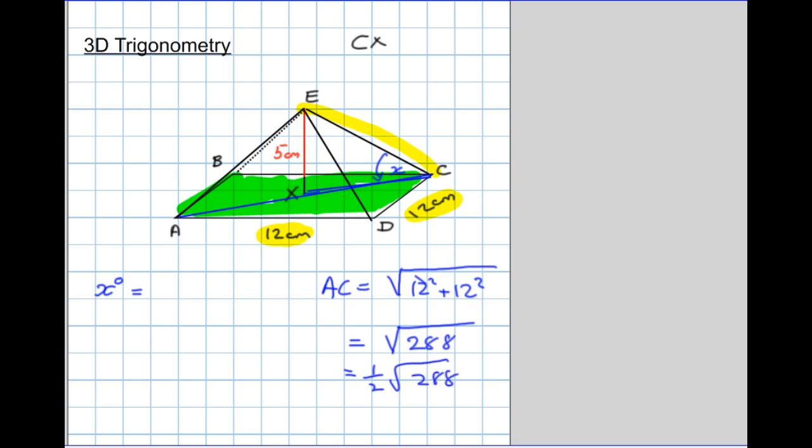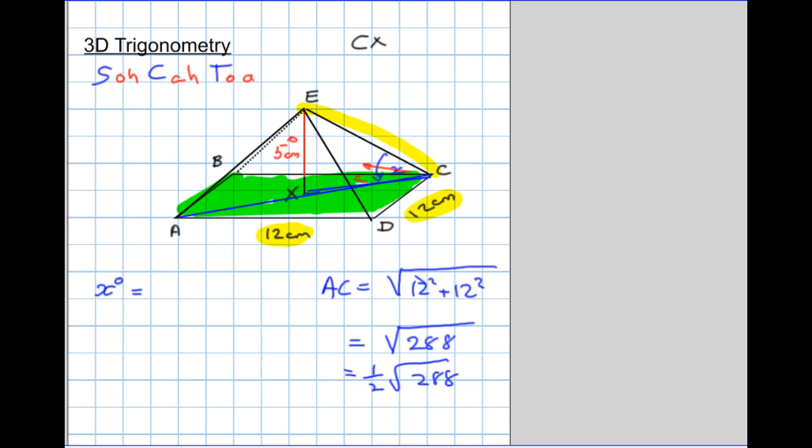Now that I know that, let's use our trigonometry. Just to remind you again, SOHCAHTOA. If you're looking at 3D trig, then you're obviously quite an able mathematician and you know this one by heart. But let's have a look at what the problem involves. Here's my angle x. I know the side opposite, and I know the side adjacent, that half root 288.